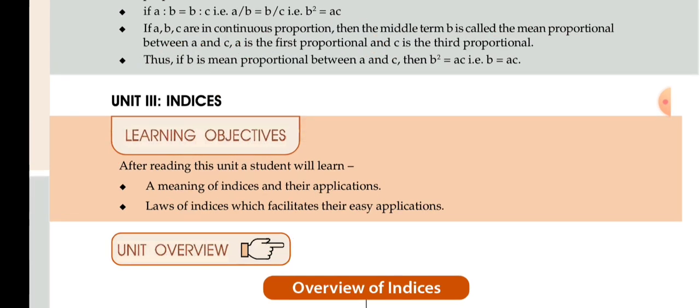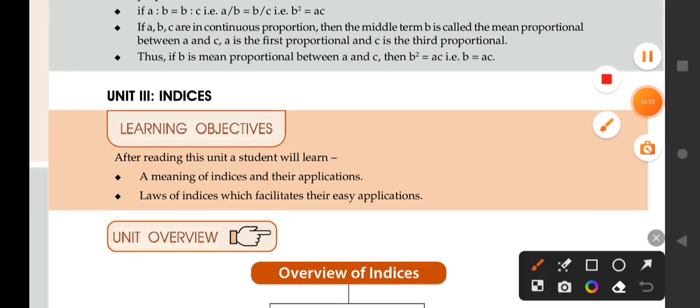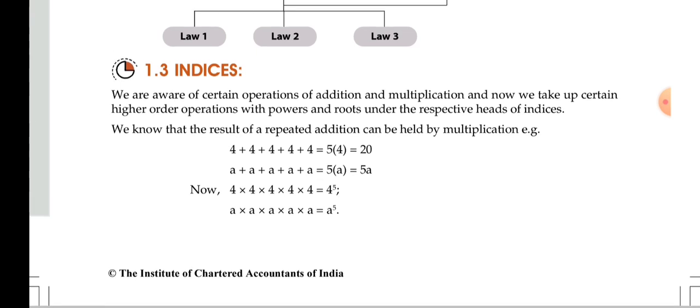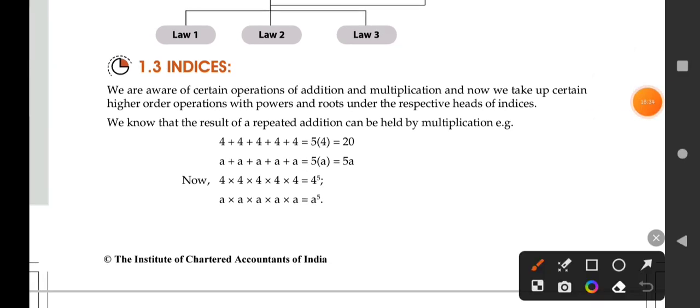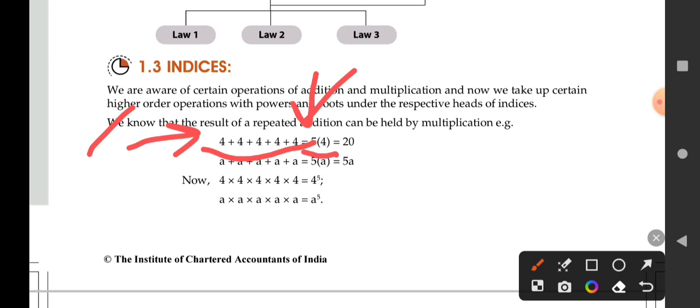Okay, so before we read further, let me directly get into it. Right. So we know that the result of a repeated addition can be held by multiplication. Like in this example, you are adding 4 5 times, right? So how are you going to write it as 5 into 4, which is 20. So we have seen addition in form of multiplication.